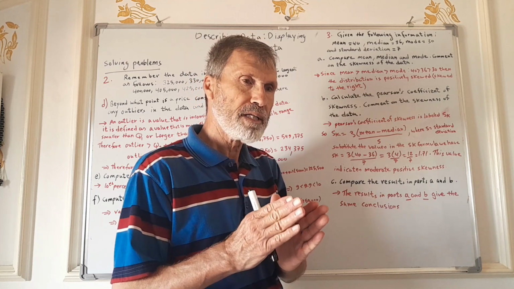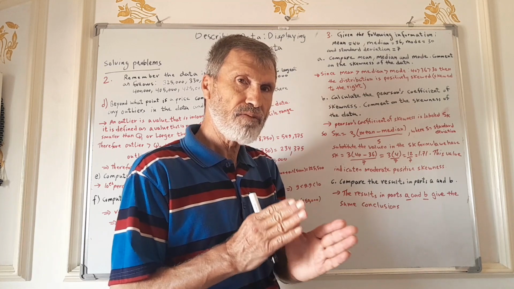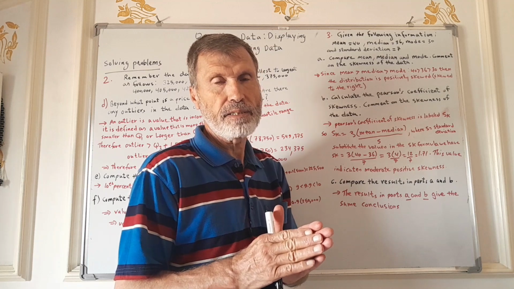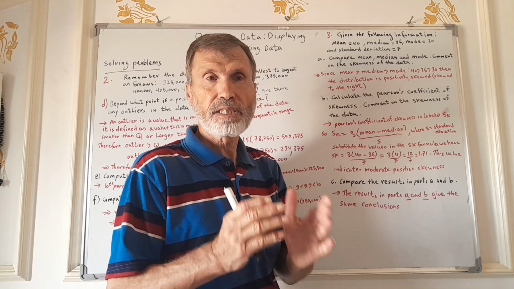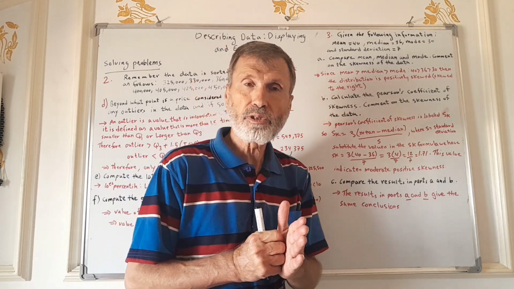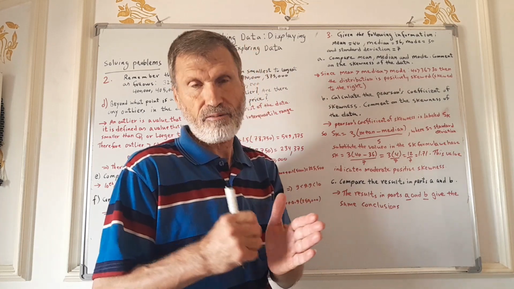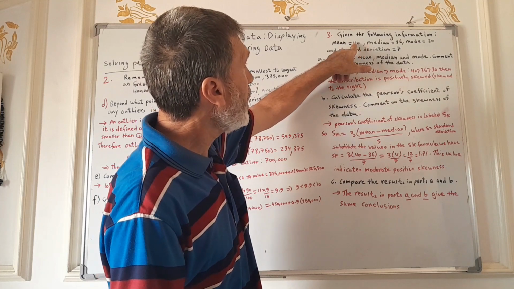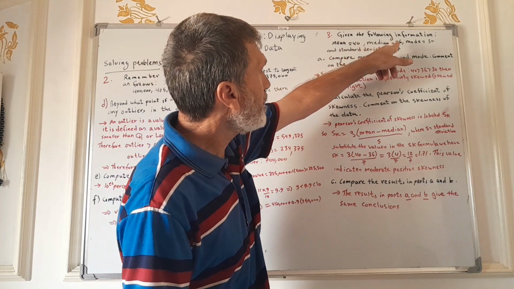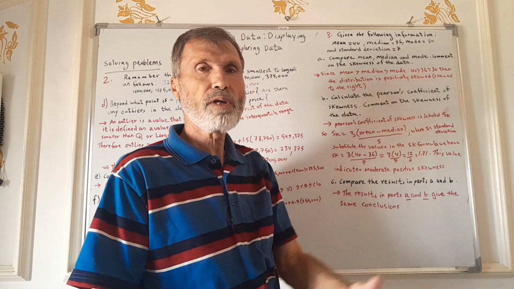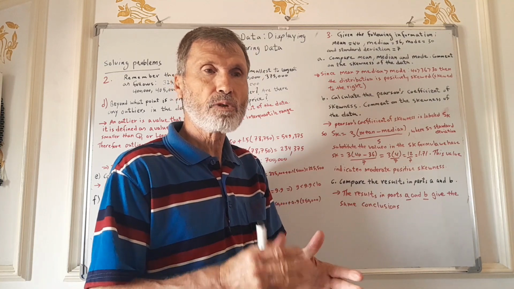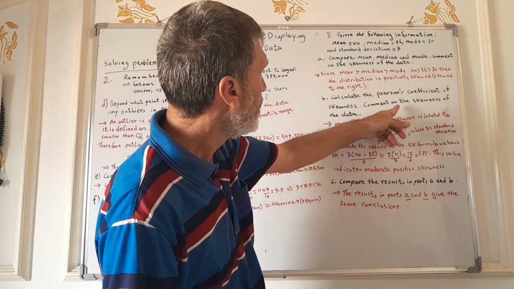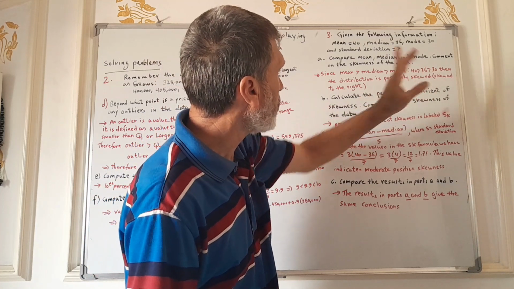And whenever the mode is greater than the median, greater than the mean, then the distribution is still skewed, but skewed to the left, that is negatively skewed. Now here, the mean is 40, greater than the median, greater than the mode. Therefore, we have a distribution that is skewed to the right, or positively skewed.